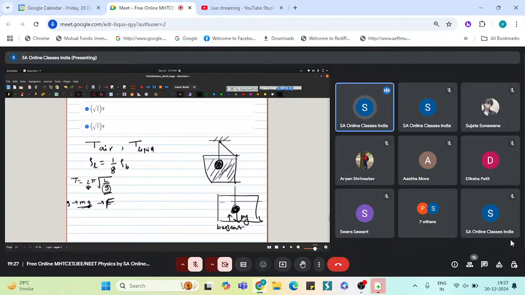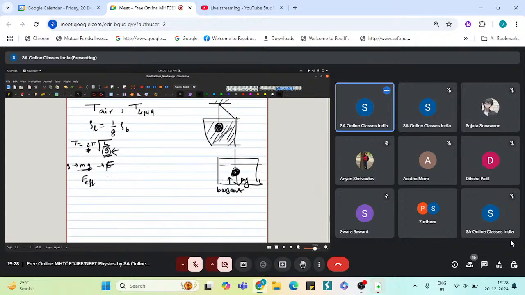So we need to find the effective force and substitute that effective force here, and not just take the g. The effective force is going to be mg, which is the gravitational force, minus the buoyant force, because this force is acting in the opposite direction of mg.